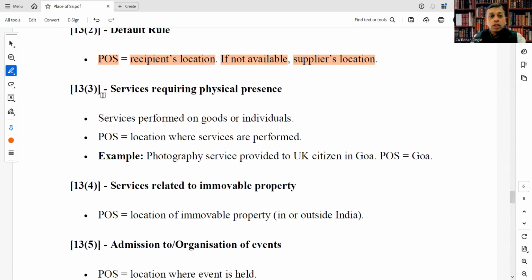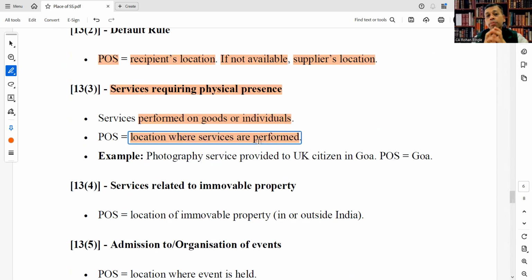Then section 13 subsection 3 talks about services requiring physical presence, that is, services performed on goods or individuals. Then the place of supply will be the location where services are actually performed.